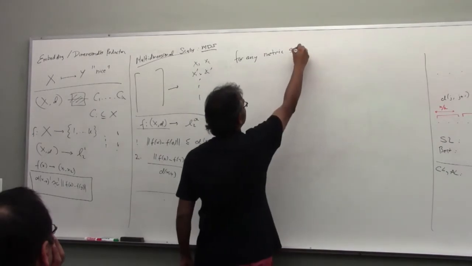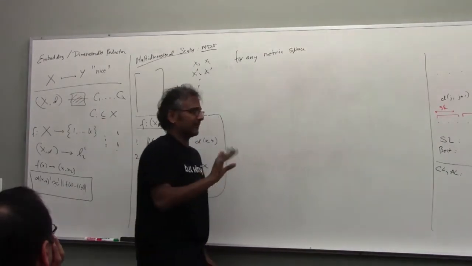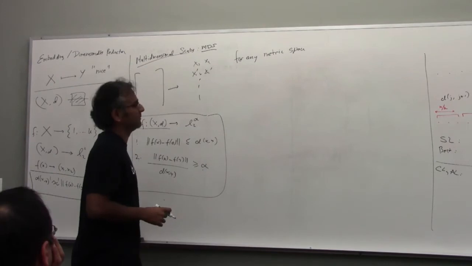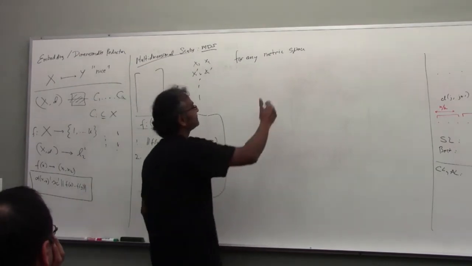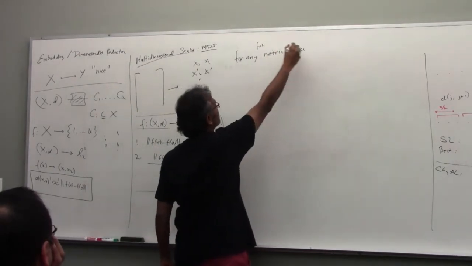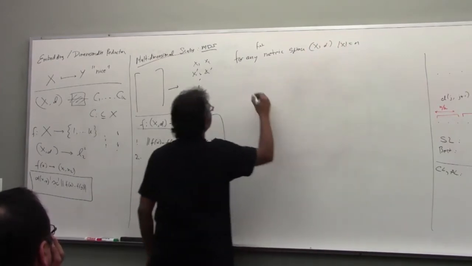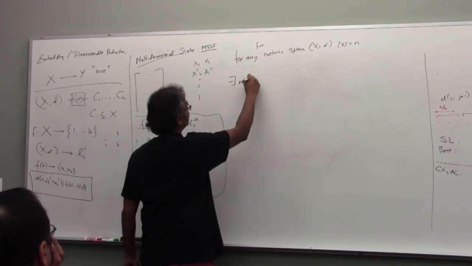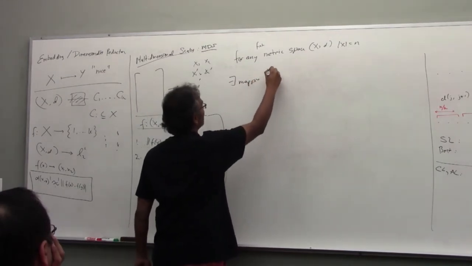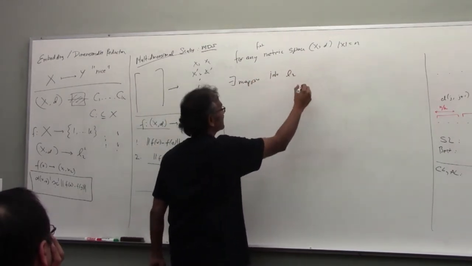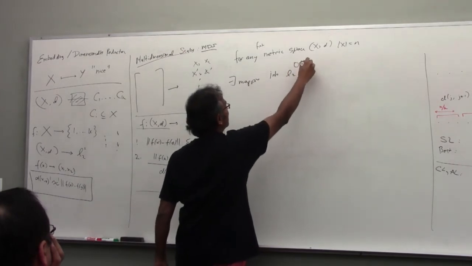For any metric space, and for now we'll just do the finite metric spaces. There are these infinite metric spaces. So every finite metric space. So this is a notion of n. So the x is equal to n. There exists a mapping into Euclidean space with roughly log n dimensions.